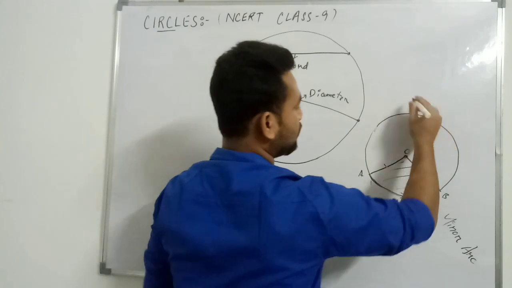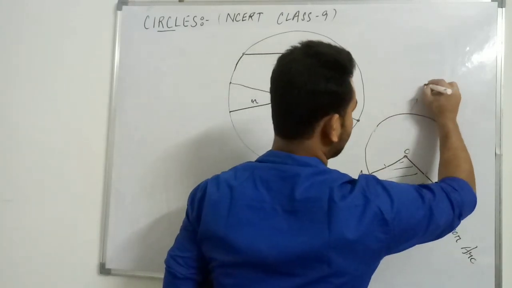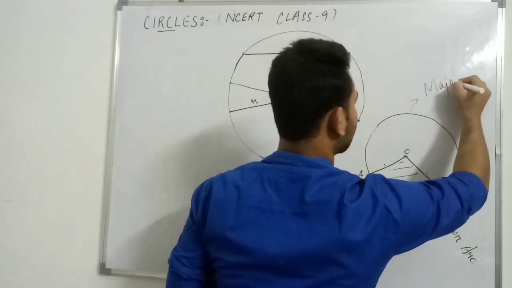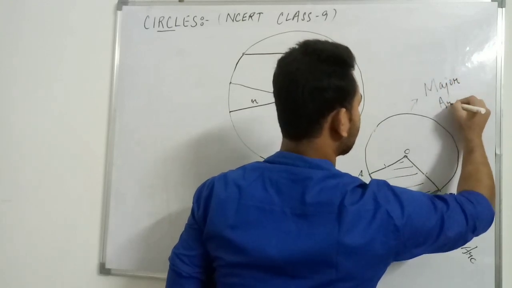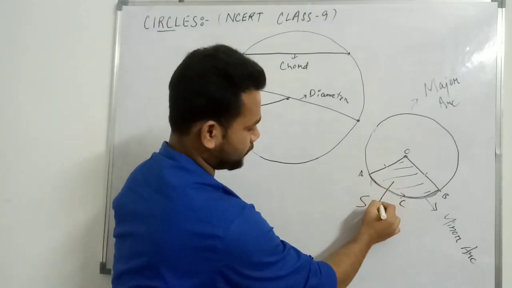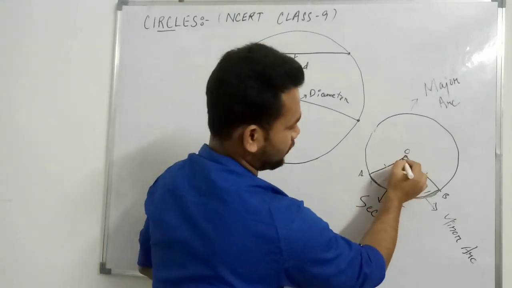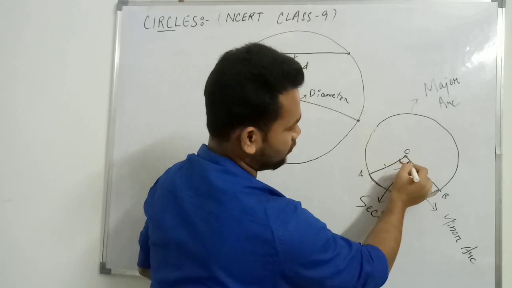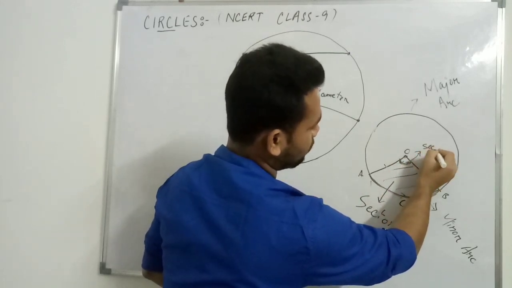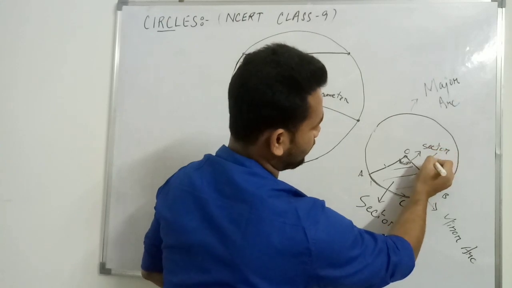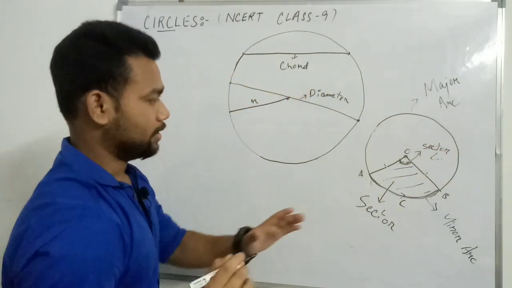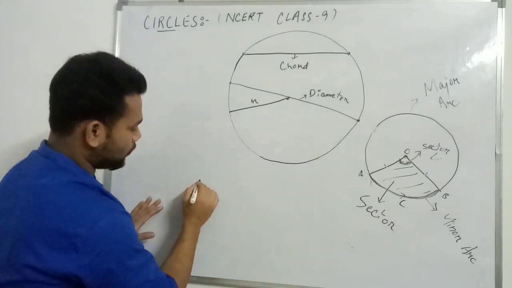And this should be the major arc. This is the sector part. This is sector. And the angle between the two radii is known as sector angle. Got it?